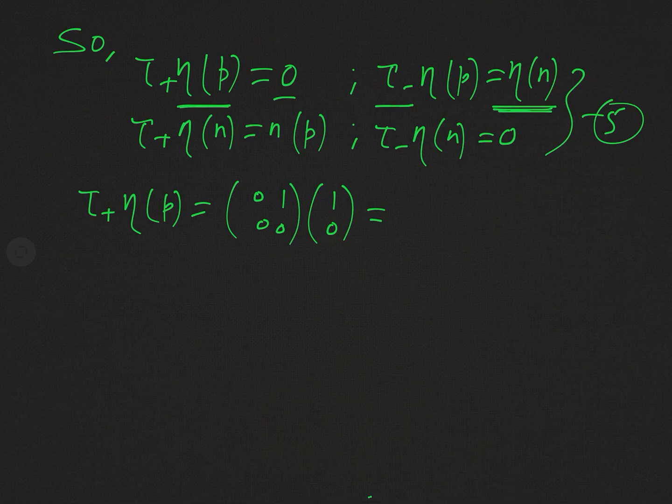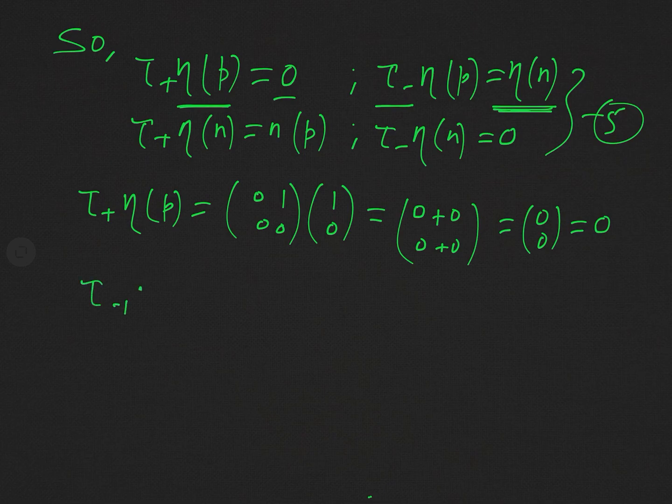So let us multiply it. This is 0 times 1, that is 0, plus 1 times 0, that is 0, and 0 times 1 plus 0 times 0 is 0, and so this is simply a 0 0 matrix, and this is actually 0. You can test it. For your convenience, I am just testing one more.